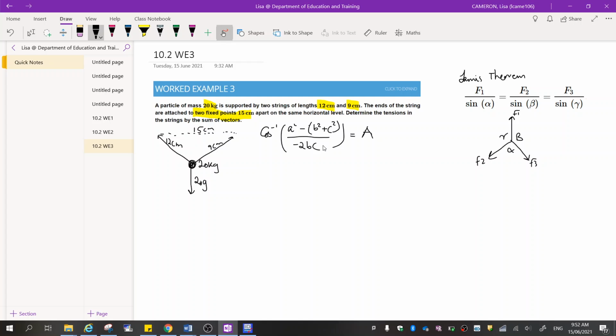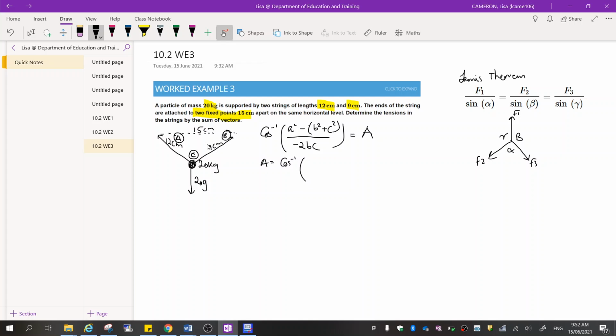Okay, so I'm going to start plugging some values in to find out the angles. I'm going to call this angle in here A, this one over here B, and this one in here C. Okay, so let's calculate A first. So A equals cos inverse.